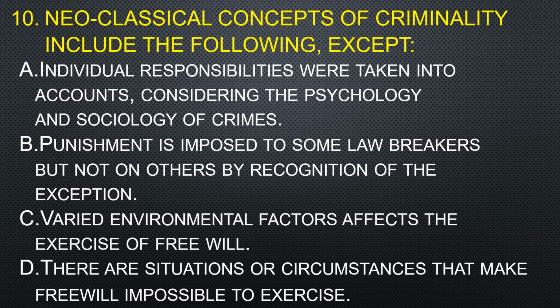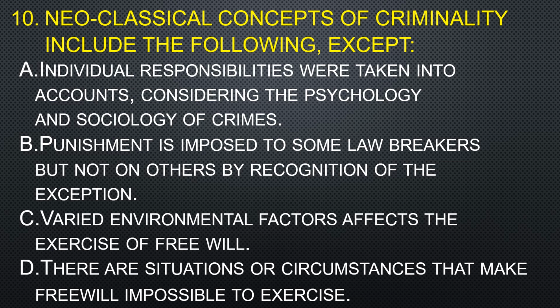And with that, neoclassical concepts of criminality include the following, except: individual responsibilities were taken into account considering the psychology and sociology of crimes. Punishment is imposed on some lawbreakers but not on others by recognition of the exemption. Varied environmental factors affect the exercise of free will. That there are situations or circumstances that make free will impossible to exercise.